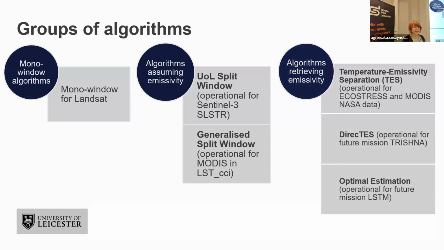Then we have the direct TES algorithm, which is not used a lot yet, but it will be operational for the future mission Trishna. And we will have Philippe Gamet, who will tell you more about Trishna. And then lastly, we have optimal estimation, which will be operational for the future mission LSTM.